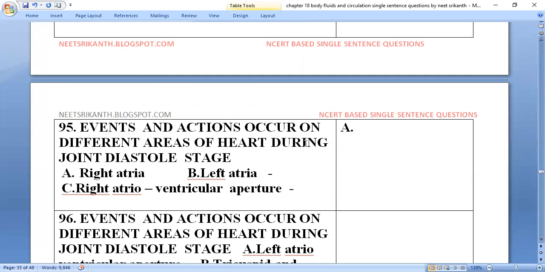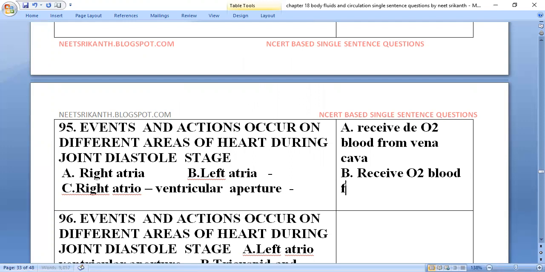During joint diastole, what are the right atria doing? Right atria receive deoxygenated blood from the vena cava. What is the left atria doing? Left atria receive oxygenated blood from the lungs.